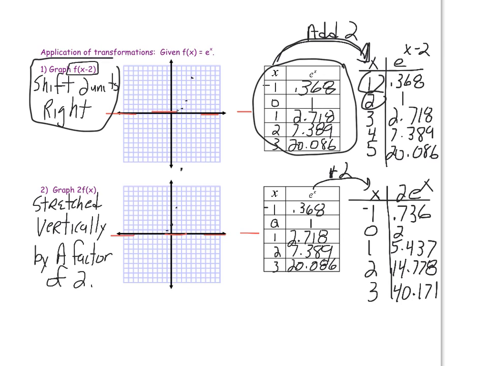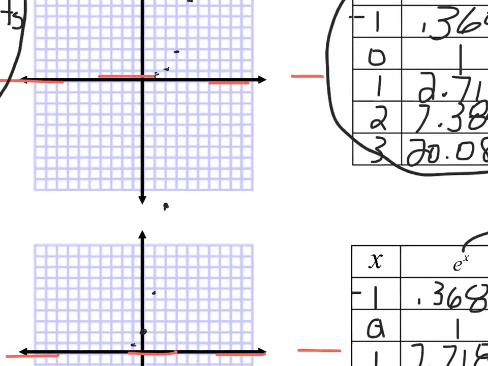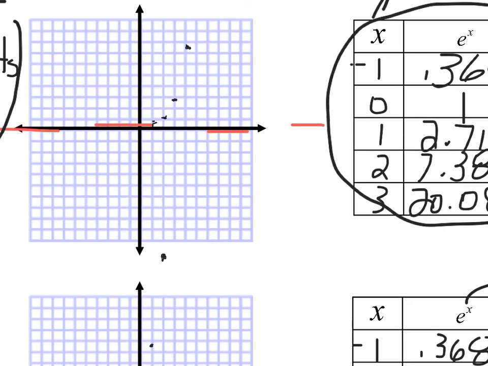Plot these points, and that's what you will see right here. And here's your graph of y equaling e raised to the x minus 2 with the horizontal asymptote on the x-axis.